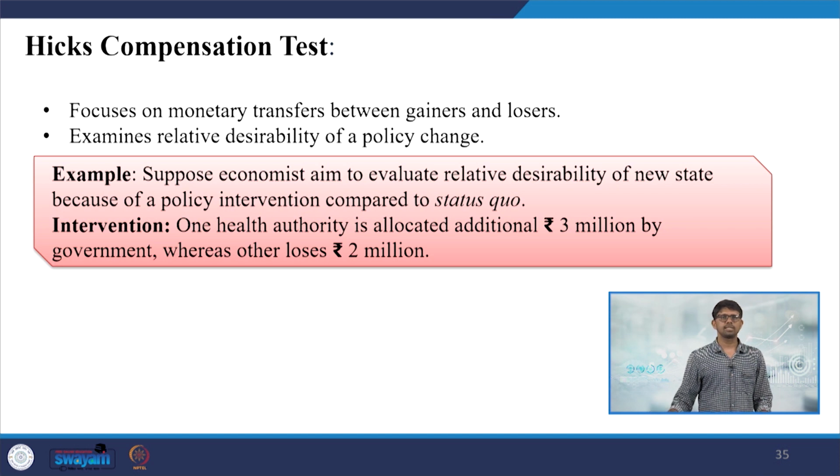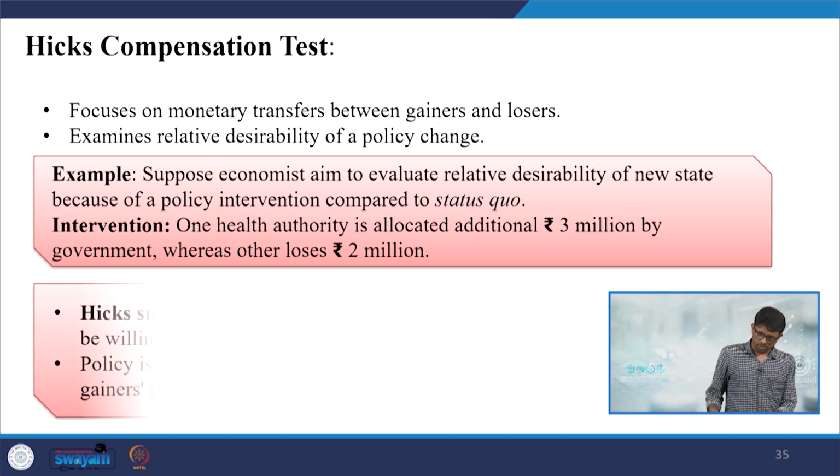The intervention in this case is that one health authority is allocated a higher amount, an additional 3 million rupees by the government, whereas the other has a cut from its allocation. Hence, there is a loss of 2 million rupees.